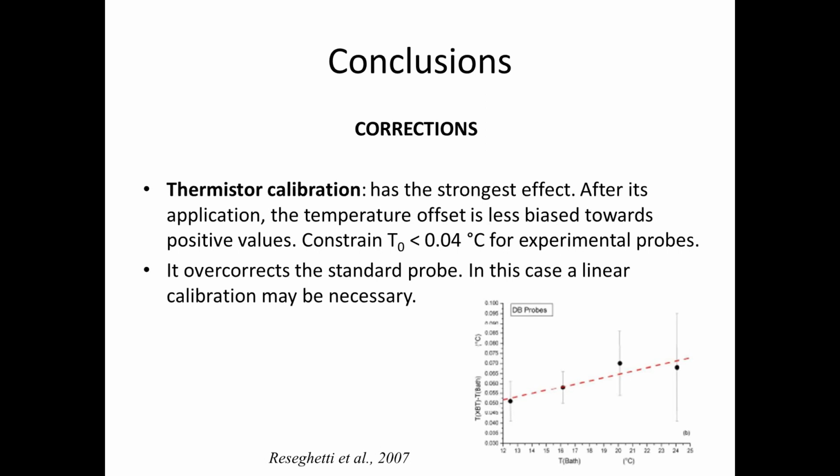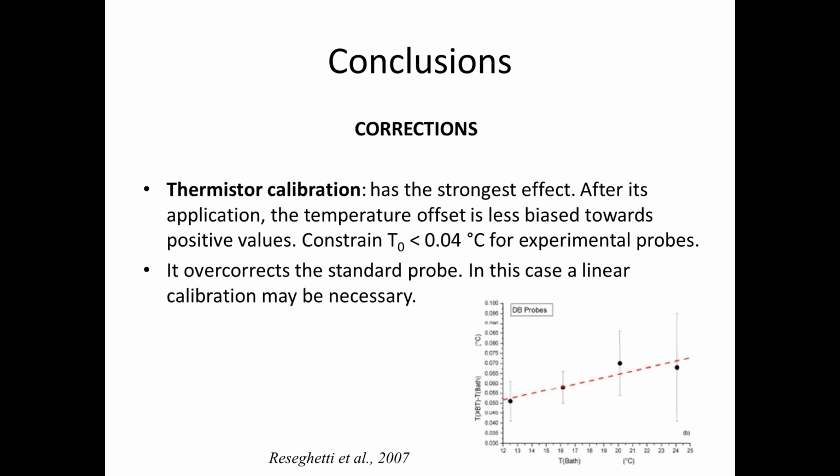And about the thermistor calibration, which is the one that gave us the strongest effect and strongest bias reduction, and even an opposite. So it got rid of that positive bias in the XBT that has been seen for a long time.